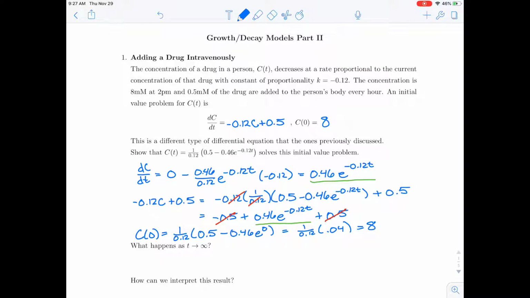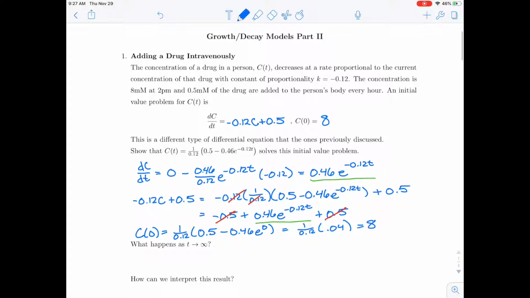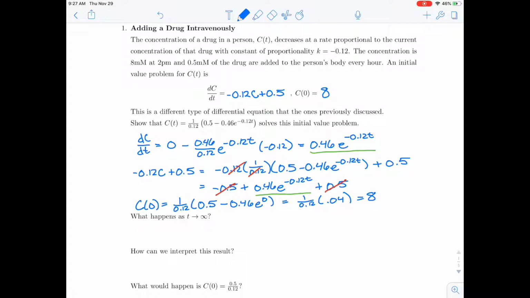We can now ask what happens to the concentration of this drug as t goes to infinity. So we can look at the limit as t goes to infinity of C of t, which is the limit as t goes to infinity of that function, 1 over 0.12 times (0.5 minus 0.46 e to the negative 0.12 t).